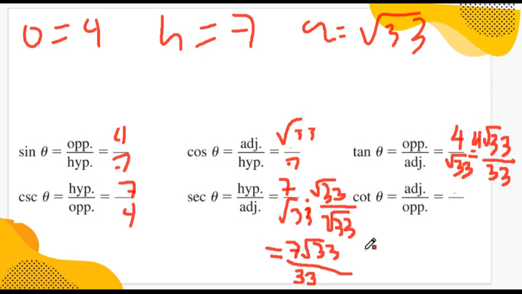And then find cotangent theta by getting the reciprocal. We have adjacent, which is the square root of 33, all over the opposite, 4. So these are all the values of our 6 trigonometric functions.